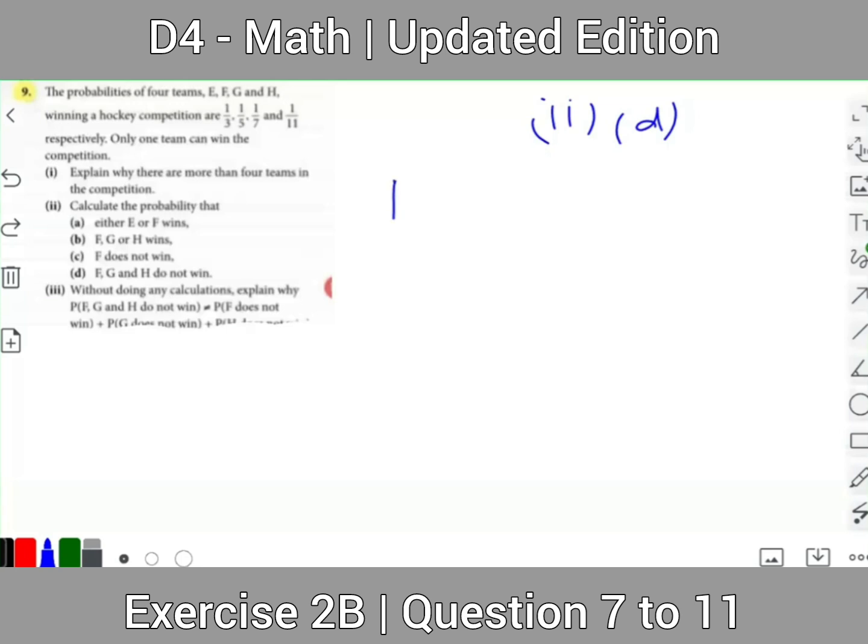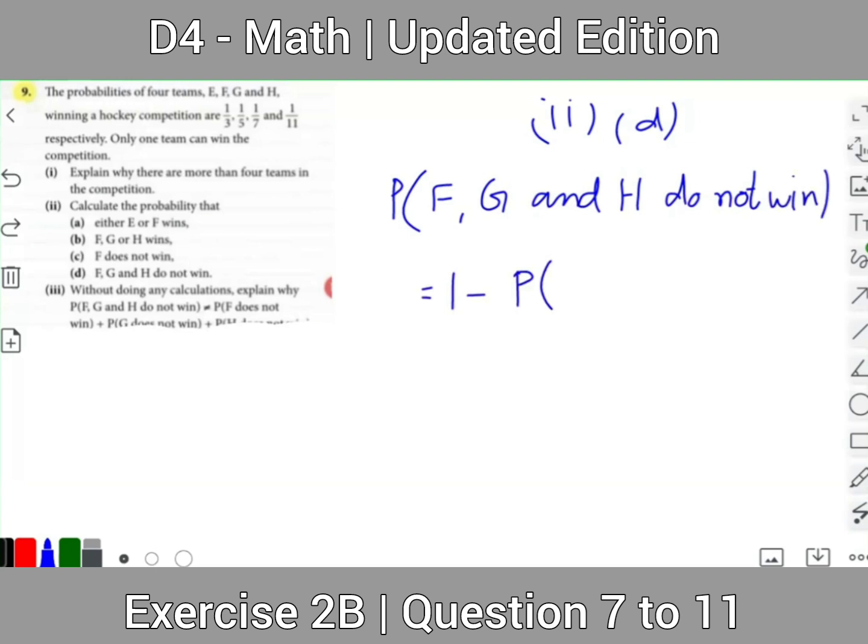Now in the part D, we have to find out the probability that F, G, and H do not win. So we can find out it just by subtracting the probability of F, G, or H win from 1.